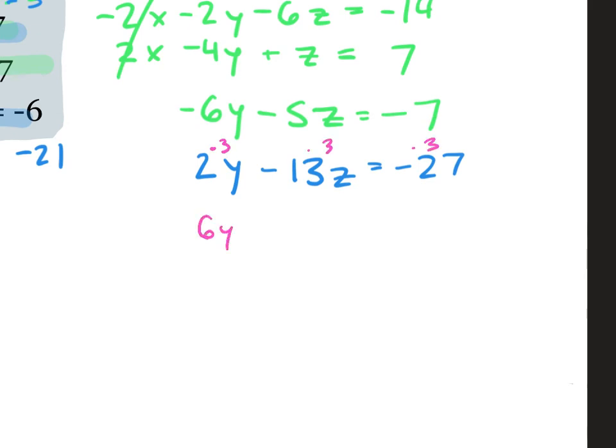So we have 6y minus, what's 13 times 3? 39z. And that's equal to negative 27 times 3.